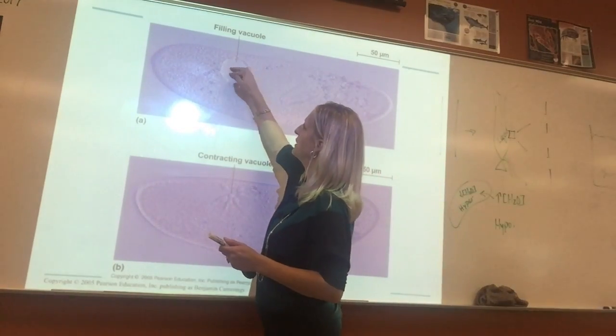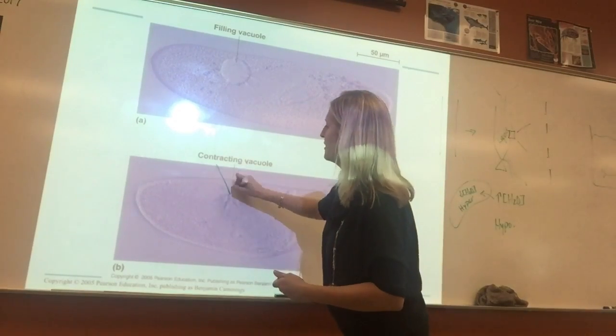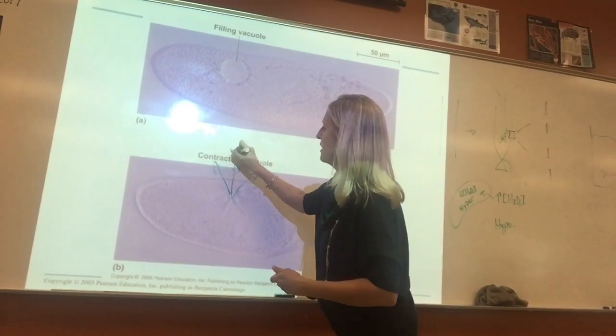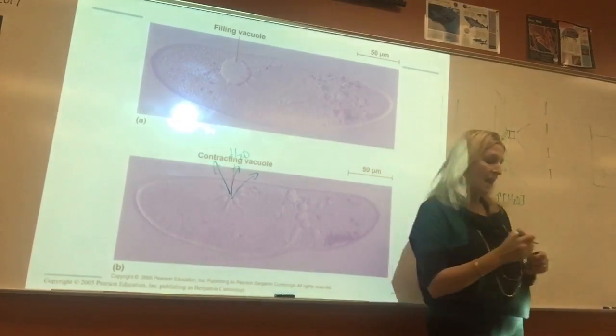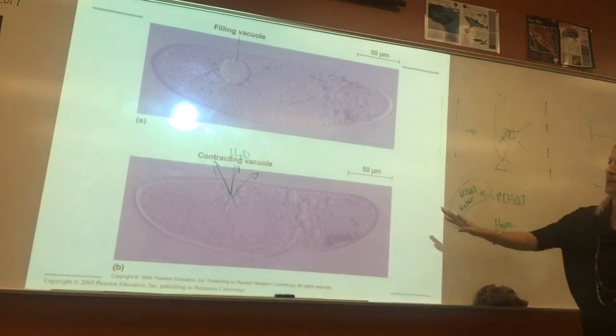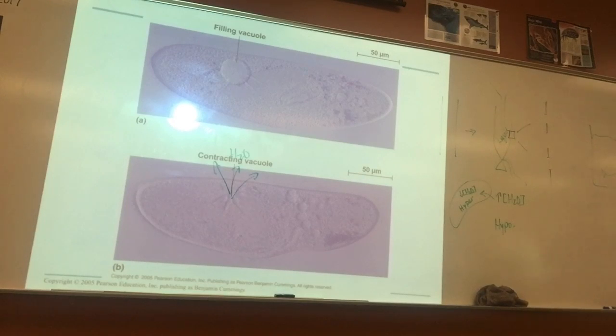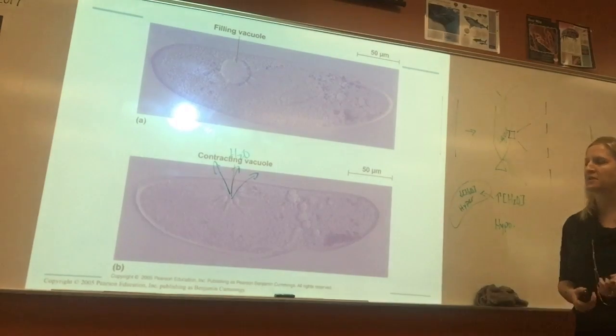This is the vacuole filling with water, and then when it contracts, and what you can't see here is the water squirting out back into the environment. And so therefore, even though water is diffusing into this little guy, the contractile vacuole will make it so that he does not explode like that animal cell, that red blood cell that we saw in the picture yesterday. So that is one adaptation.